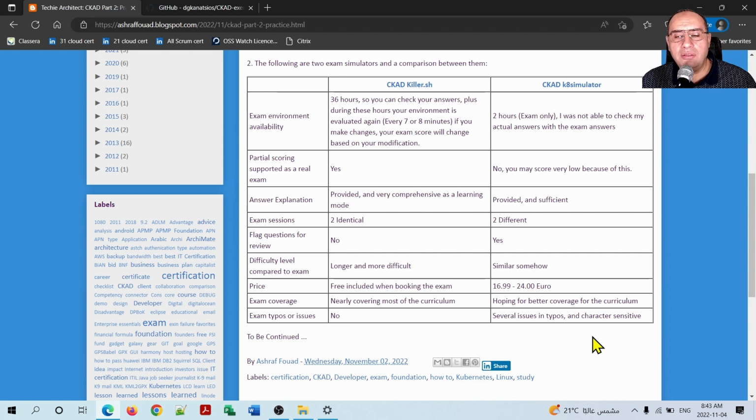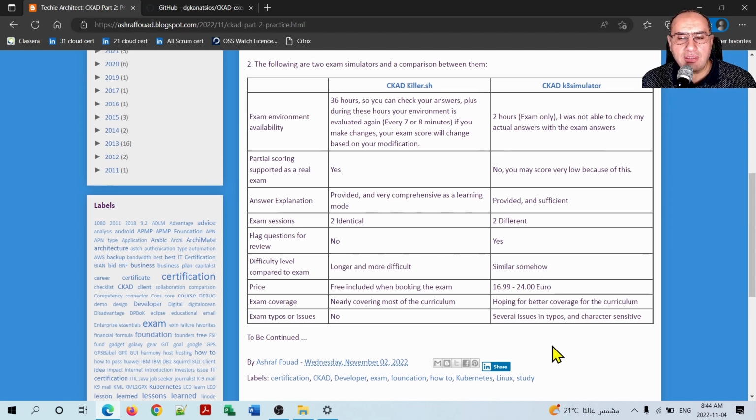I decided to drop the Kubernetes emulator because I was feeling frustrated. I thought my answers were all correct, while they were marking them as wrong in some situations, and I could not know where the mistake in my answer was. So it was creating some sort of frustration for me.